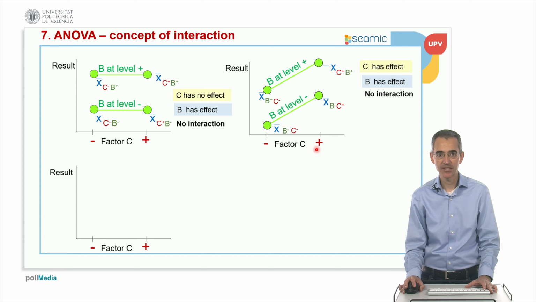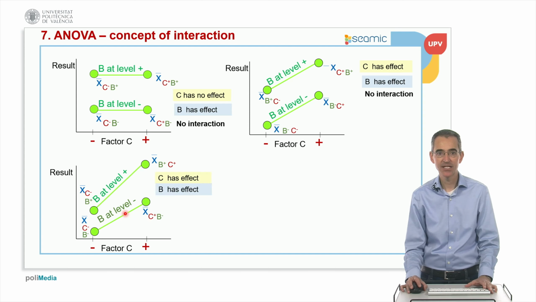Here is another example where there is an effect of factor B, because when we change from B minus to B plus, there is an increase. Also, when we change from C minus to C plus, there is an increase on average, but the lines are not exactly parallel. They are nearly parallel, but not exactly. So we will say that there is a slight interaction.